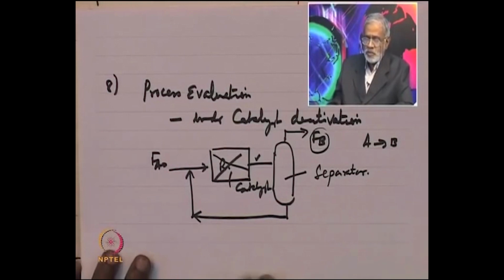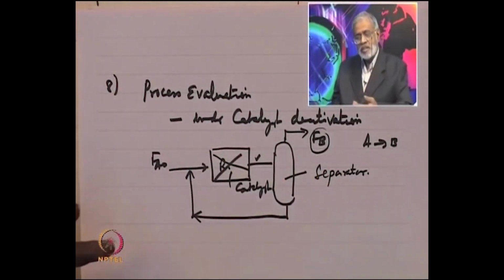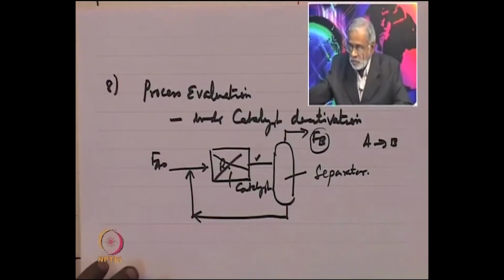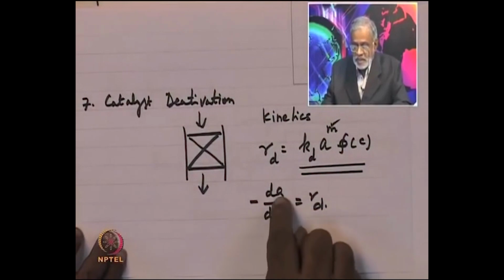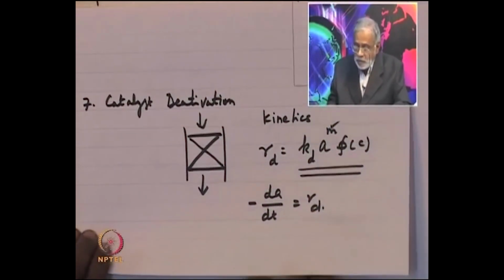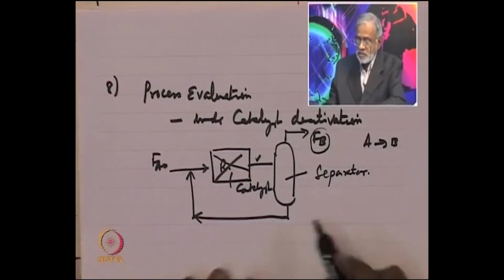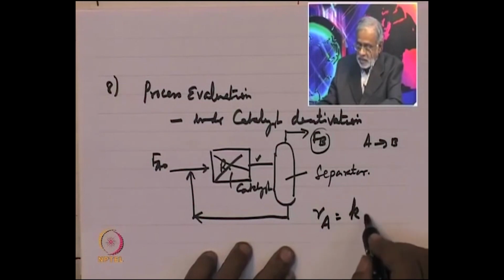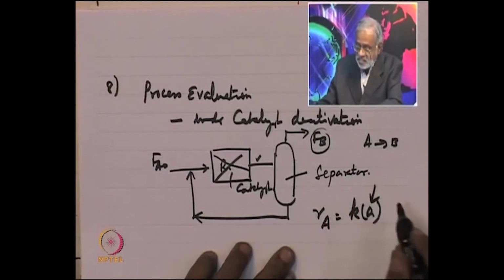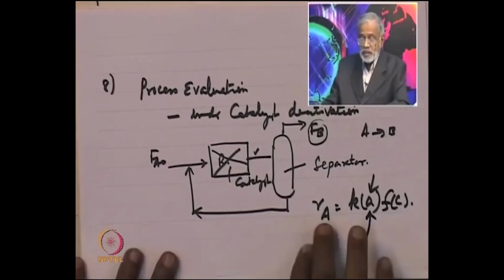Now, clearly, when you design this reaction equipment, we have to anticipate the deactivation and its effects. With a as the activity, appropriately design your process, which means the rate at which component A is converted is a function of the activity, which is changing. So, this effect you should account for in the design.